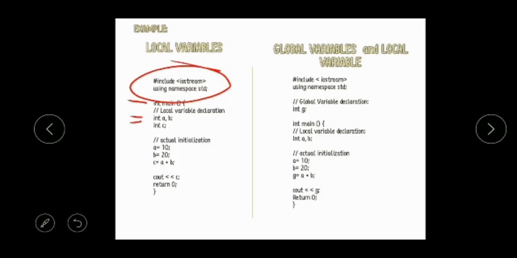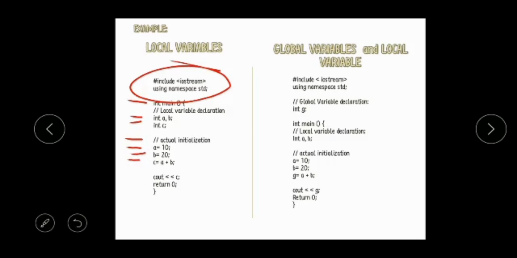The integer variable's name is c. Next is the actual initialization. For the integer variables a and b, the value of a is 10 and the value of b is 20. So that is the values of a and b. So c equals a plus b.